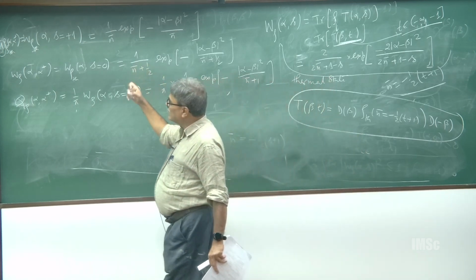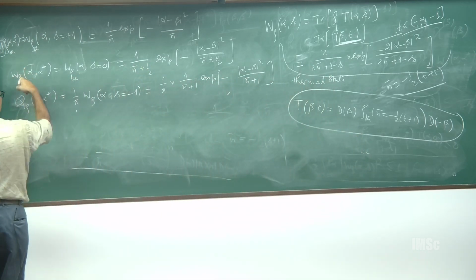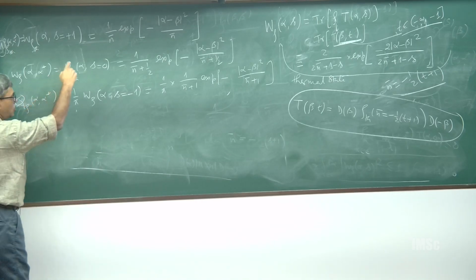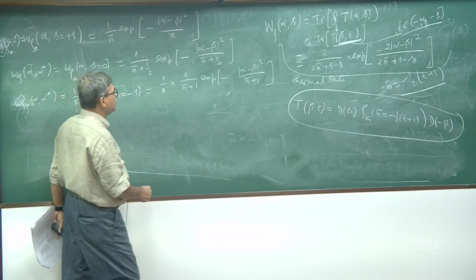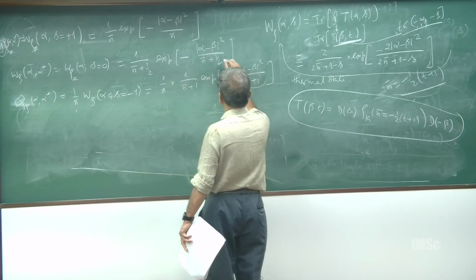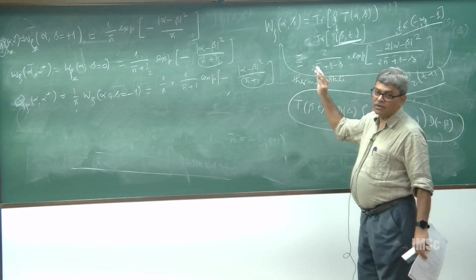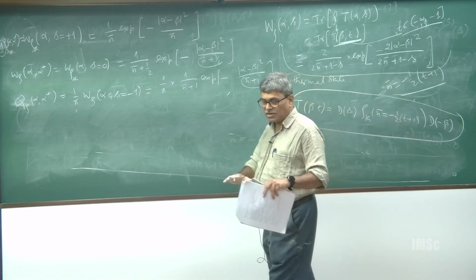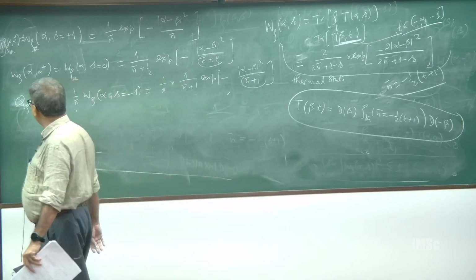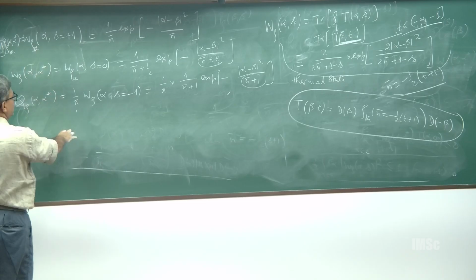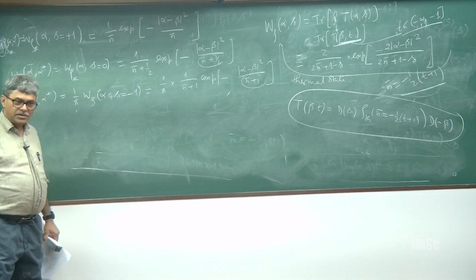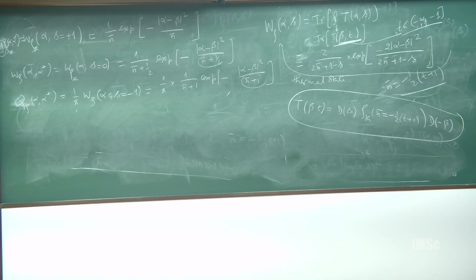So, you see that for the thermal state, the P distribution, Wigner distribution, and Q distribution are all Gaussian, except that you have a change in the width of the Gaussian. So, the thermal distribution, which is a completely classical distribution, has all these distribution functions well behaved. I would say it is the only state for which all these functions are well behaved.